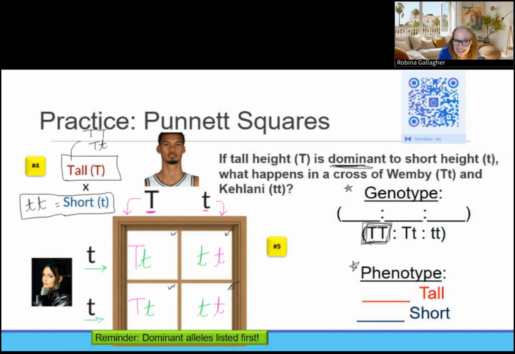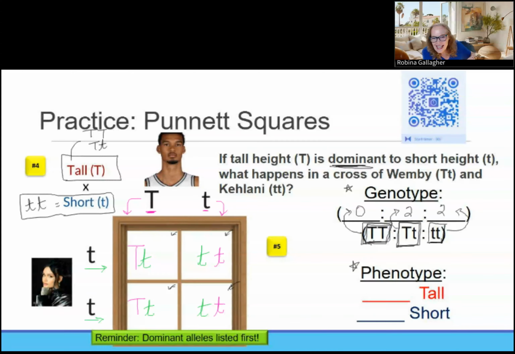I'm going to look for how many boxes are heterozygous with a big T, little t, and I'm going to look at how many boxes look like this. And I'm going to write how many boxes, big T, which are 0, how many big T, little t's, which are 2, and how many boxes with little t.